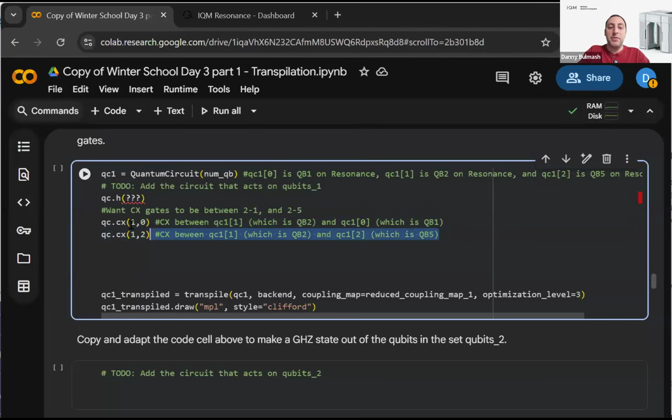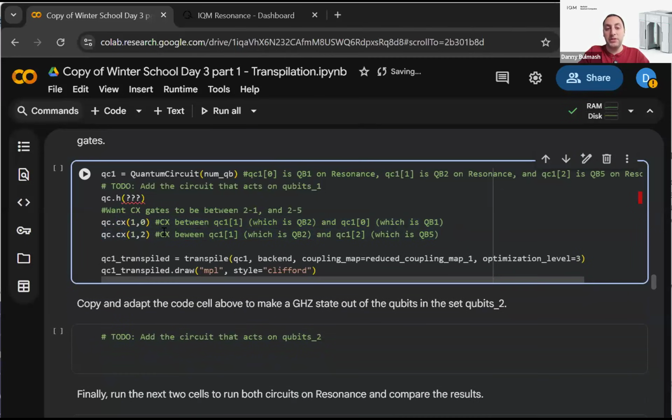So that's how we set up the couplings between the specific qubits that we want. We make a quantum circuit that has the right number of qubits, and we pay careful attention to the order of the qubits as we've specified them above.